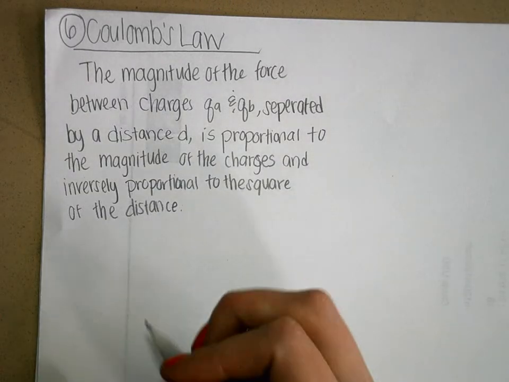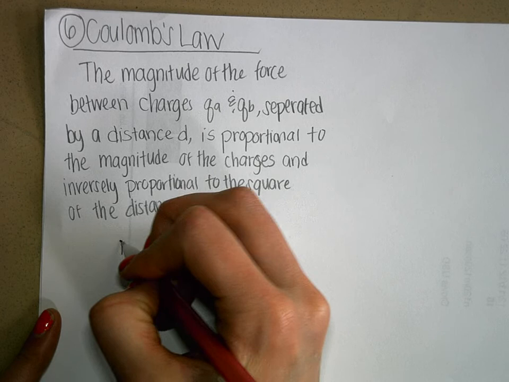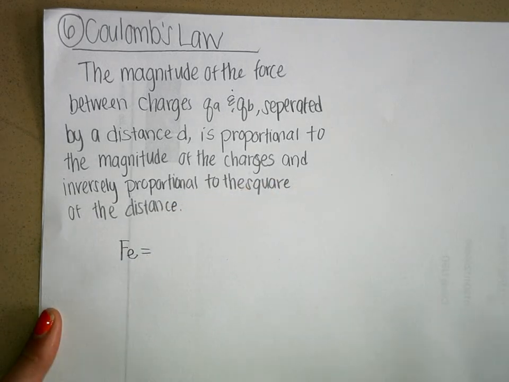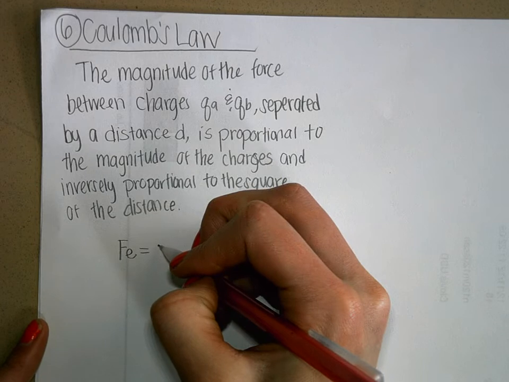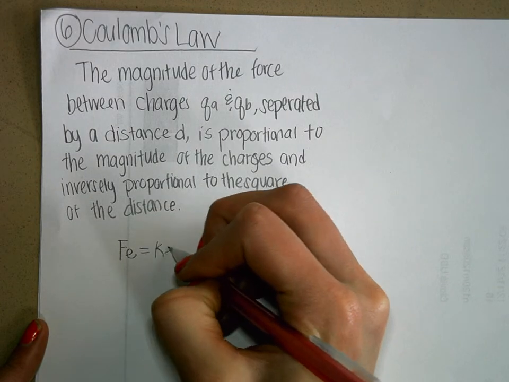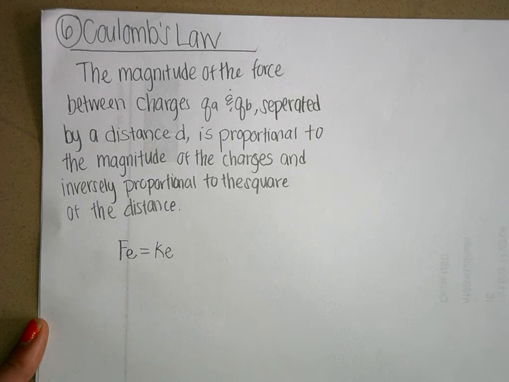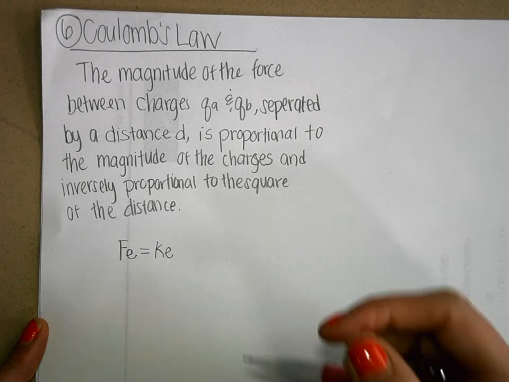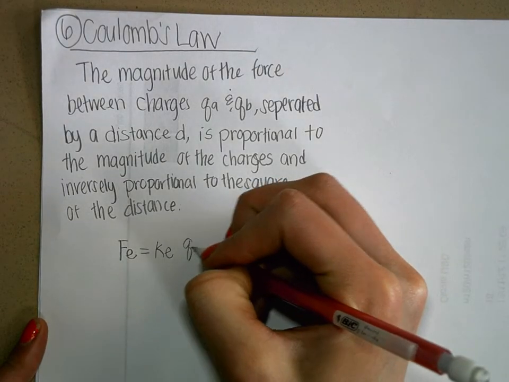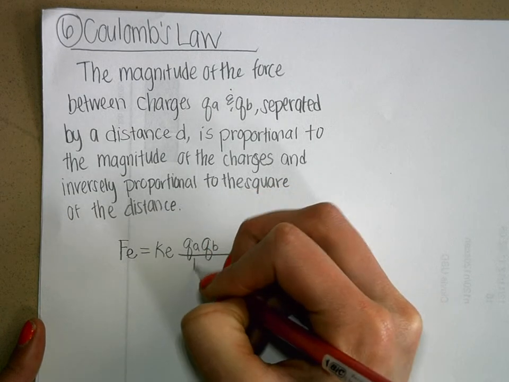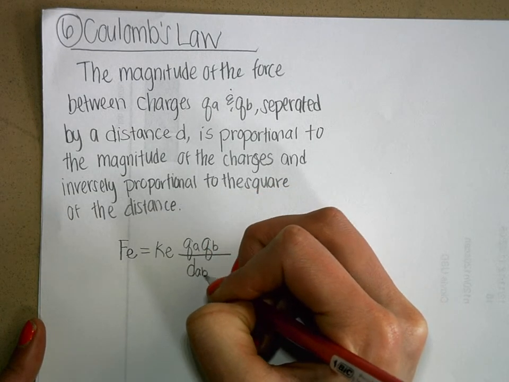So the Coulomb's law equation is the electric force, so that's F with a little subscript E, is equal to the electric constant, which is Ke, or in your book I believe it just has K, times QA times QB divided by the distance between A and B squared.